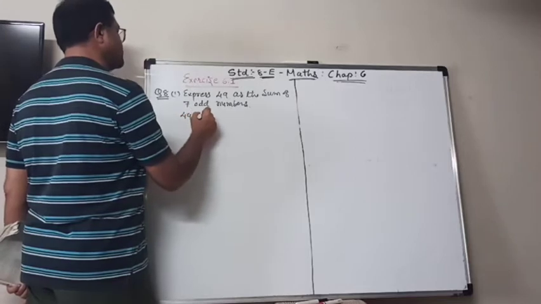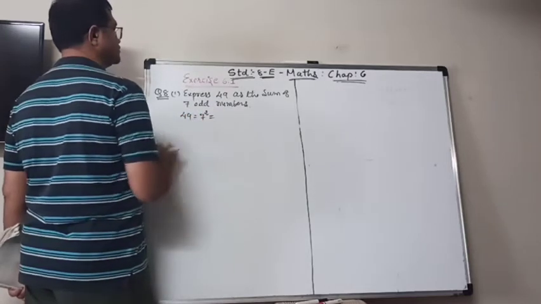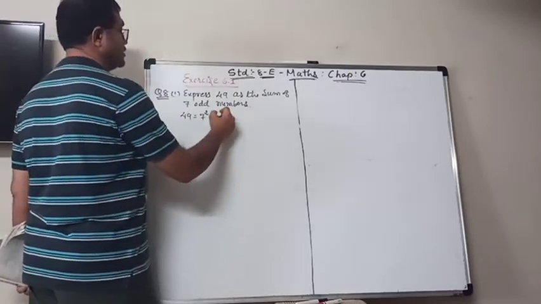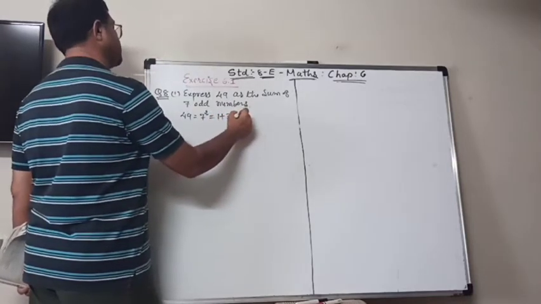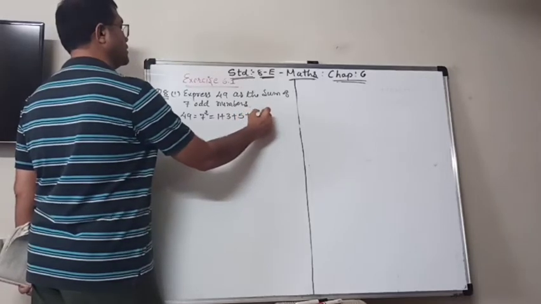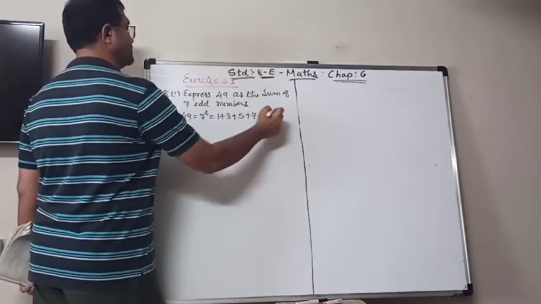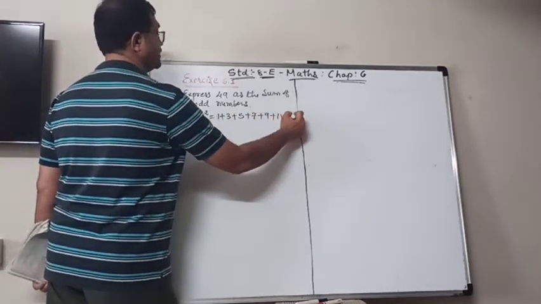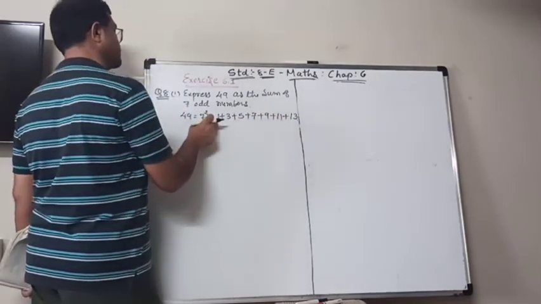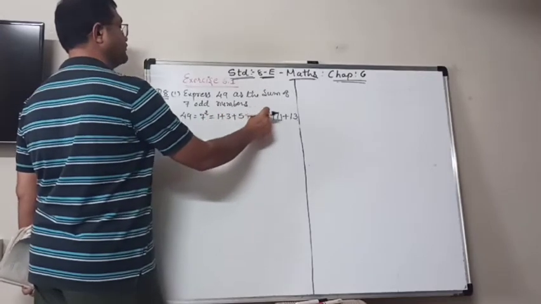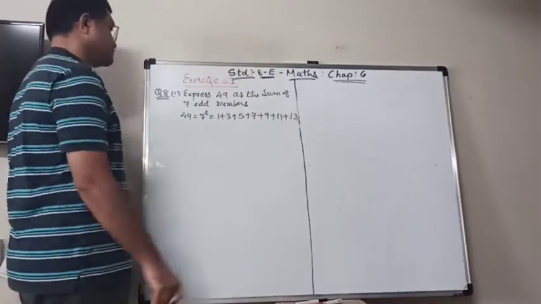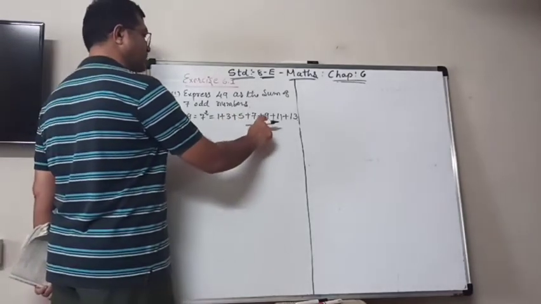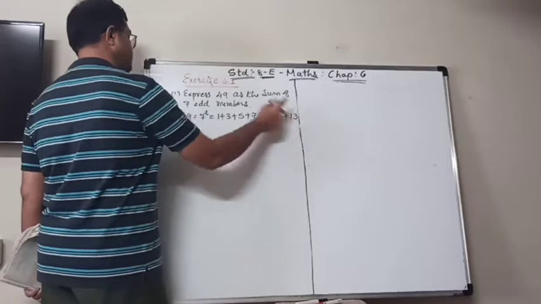So 49 means it is 7 square. So first 7 odd numbers starting from 1. So 1 plus 3 plus 5 plus 7 plus 9, 1, 2, 3, 4, 5, 6, and one more, plus 13. So 1, 2, 3, 4, 5, 6, and 7. So 49 can be expressed as 1 plus 3 plus 5 plus 7 plus 9 plus 11 plus 13.